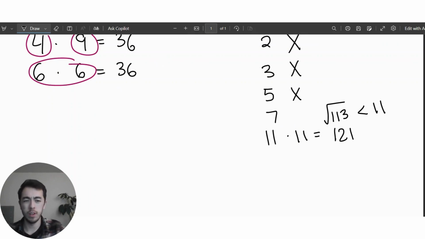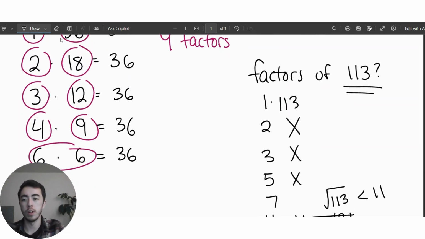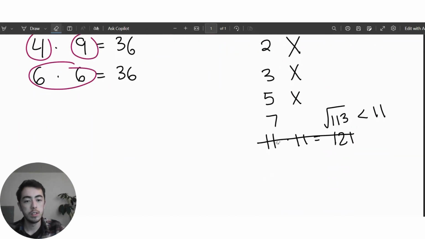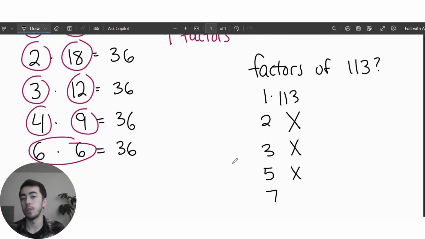And if the square root of 113 is less than 11, I actually don't even need to check this one. It would be too big because 11 times 11 is 121. So it's never going to work for 113. 113 is just too small. So this 7 is actually the last prime I need to check. And if this 7 is not a factor, then I will claim that 113 is prime.